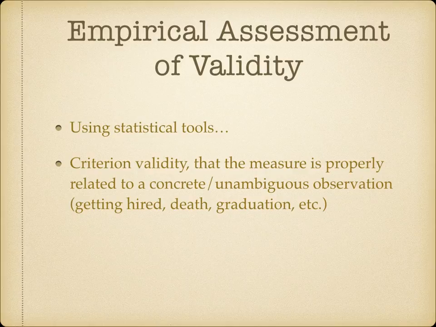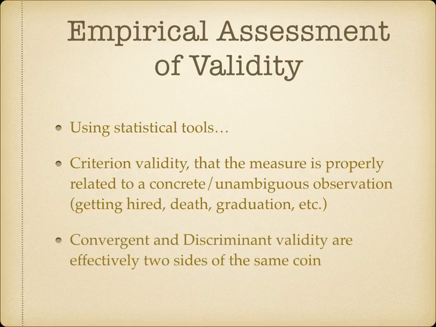Did a person die or not? Did they graduate or not? Is a woman pregnant or not? Is a person incarcerated or not? We can go down the line on things where there's just not a whole lot of doubt about what you're looking at. There's going to be no disagreement generally.